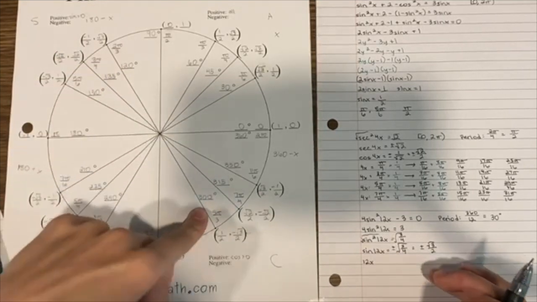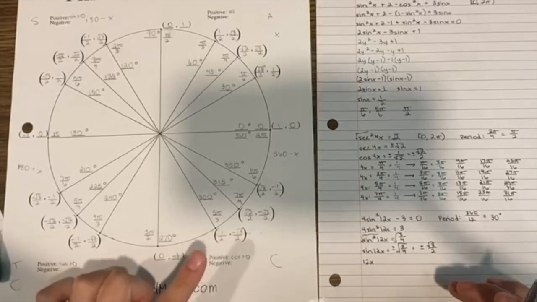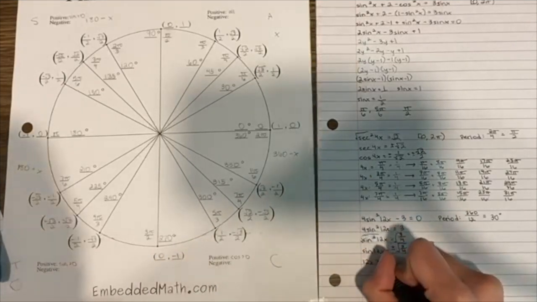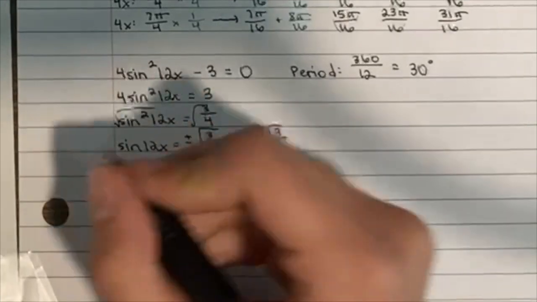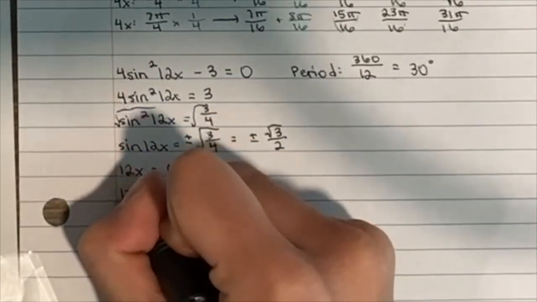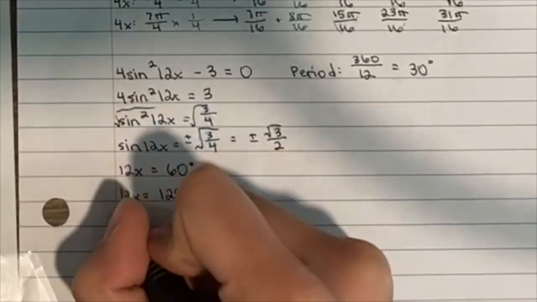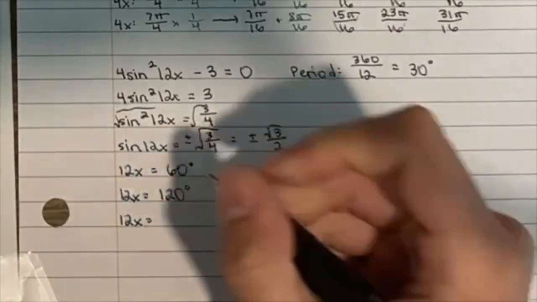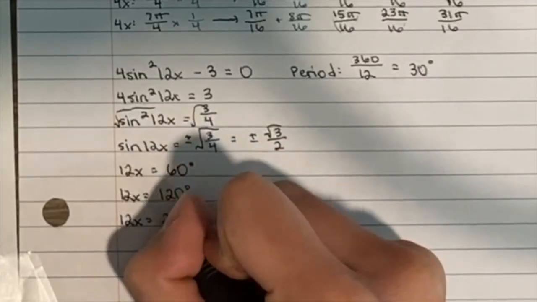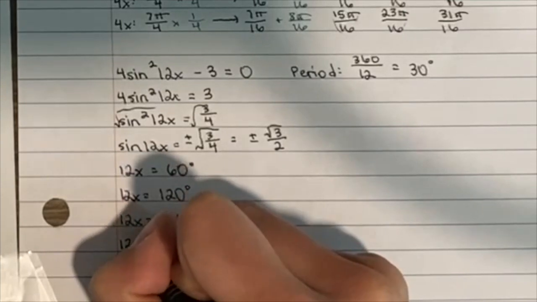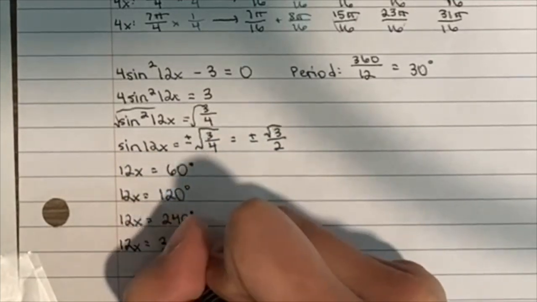Those are all the places where it equals plus or minus square root of 3 over 2. So 12x equals 60, 120, 240, and 300.